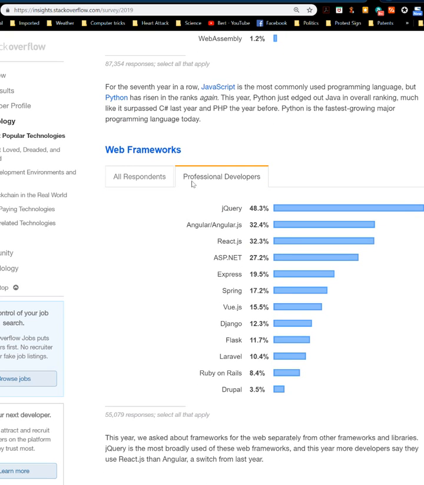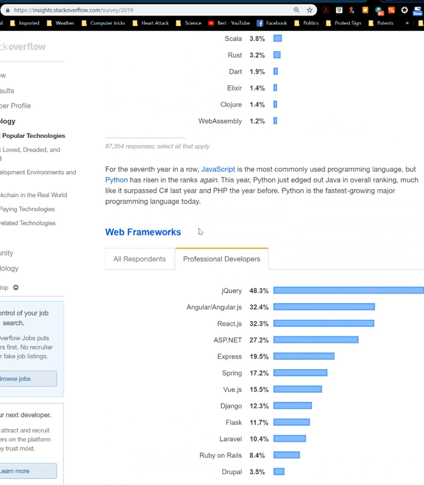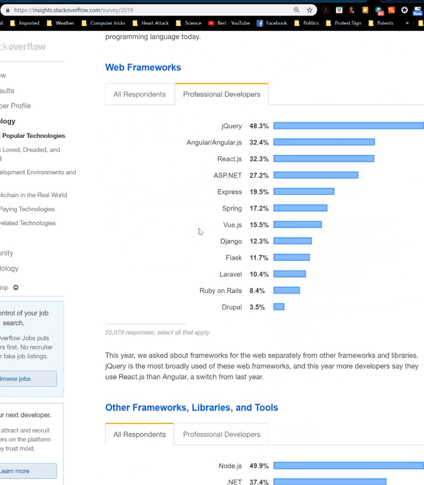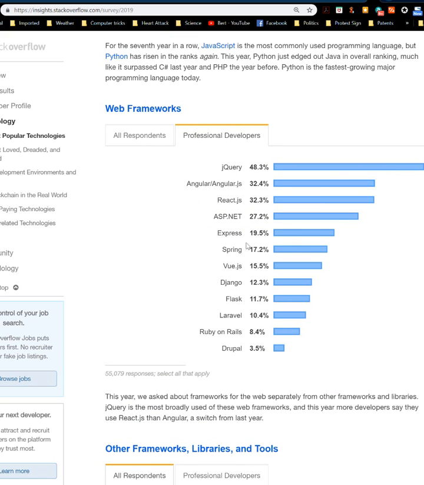Okay, but web frameworks, you're looking at jQuery, and I guess that's about popular technologies. So these are the most popular for frameworks: jQuery, React, Angular, etc. React has become more popular than Angular, although I do take exception to this, because AngularJS and Angular aren't the same thing.